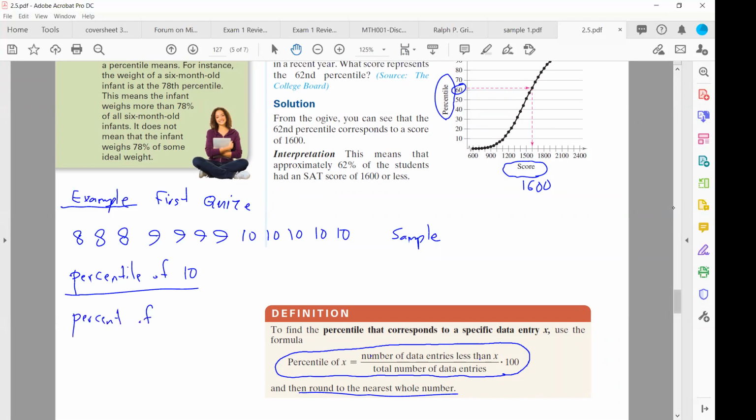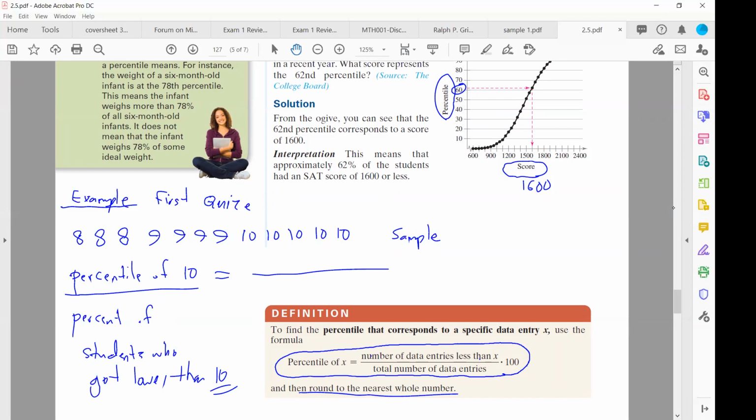Percent of students who got lower than 10. So I have to follow the formula. This formula says I have something on the numerator, I have something on the denominator. On the numerator, I count the number of data less than 10.